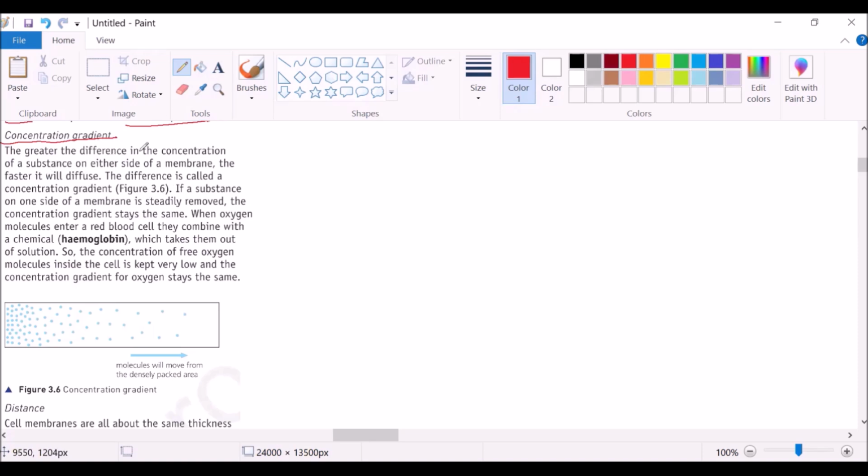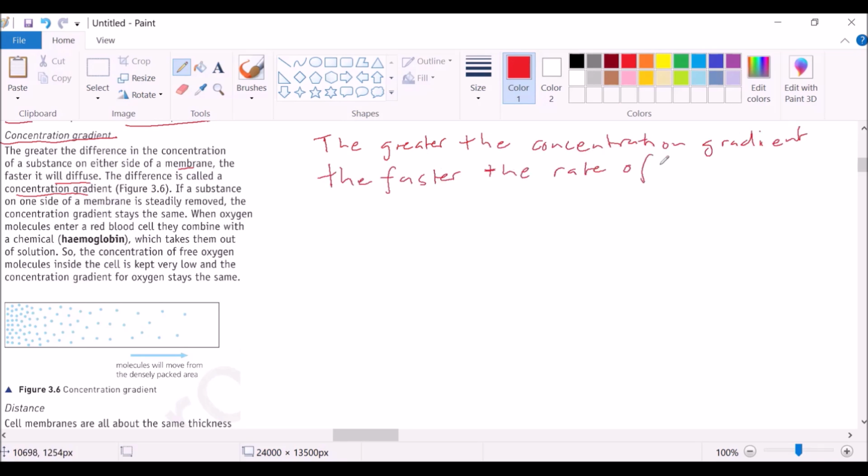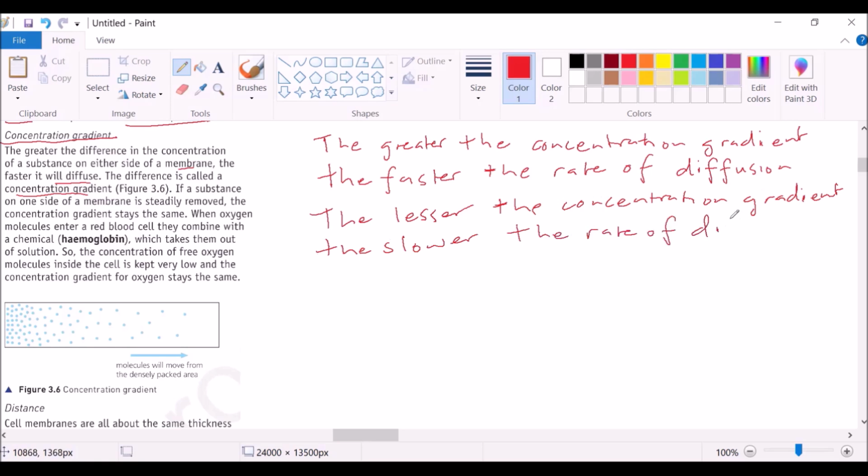The greater the difference in the concentration of a substance on either side of a membrane, the faster it will diffuse. The difference is called a concentration gradient. So we can conclude by saying the greater the concentration gradient, the faster the rate of diffusion. The lesser the concentration gradient, the slower the rate of diffusion.